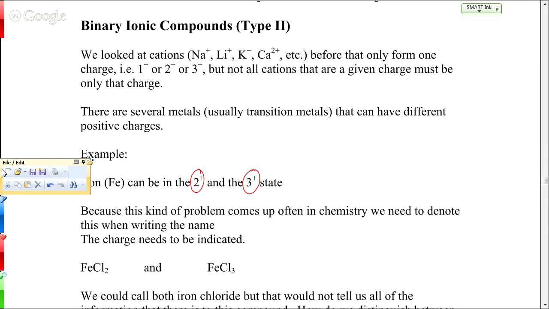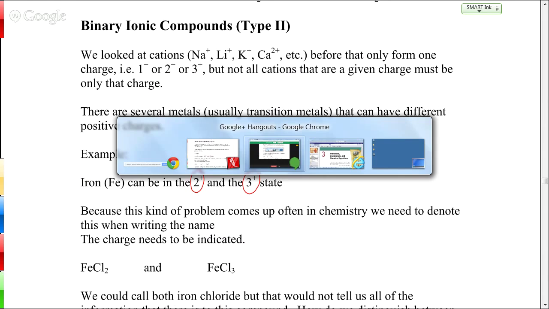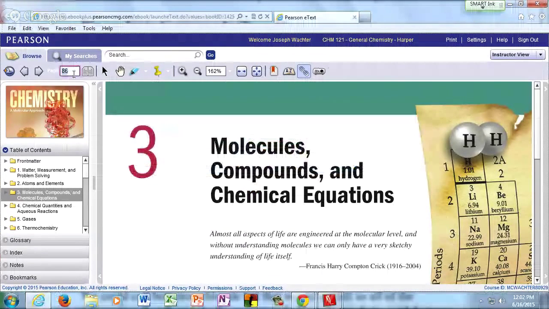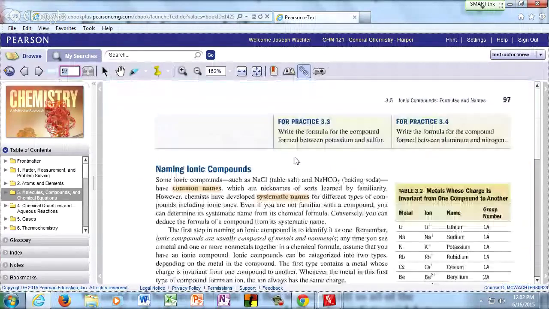So let's look at those. There's a list in your book. I was going to say let's put it on a periodic table, but I guess we can just put the list in here. So this would be on page 97.